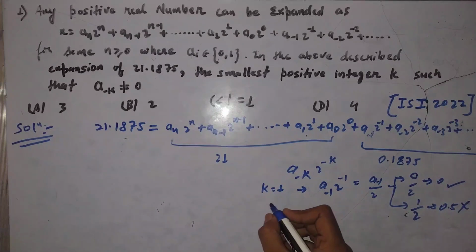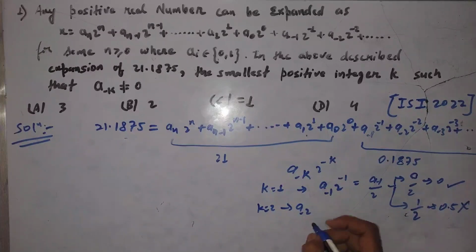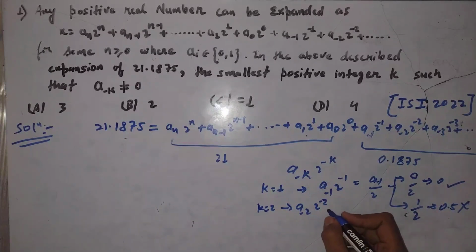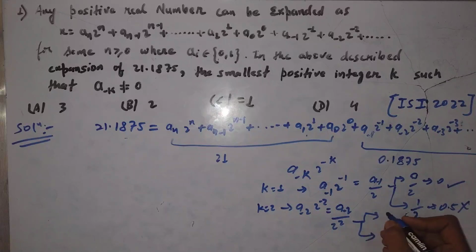Now let's put k equals 2. We will get a_(-2) times 2 to the power minus 2, that is a_(-2) upon 2 squared, and again we have two possibilities. It can be either 0 upon 4 or 1 upon 4. If it is 0 upon 4, this will give us 0, and if it is 1 upon 4, this will give us 0.25.